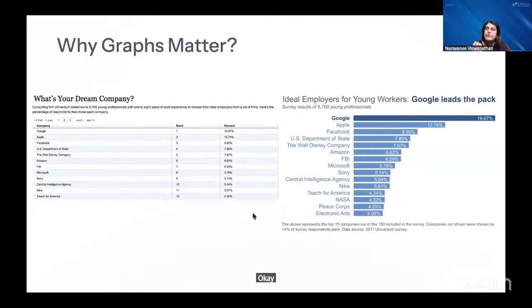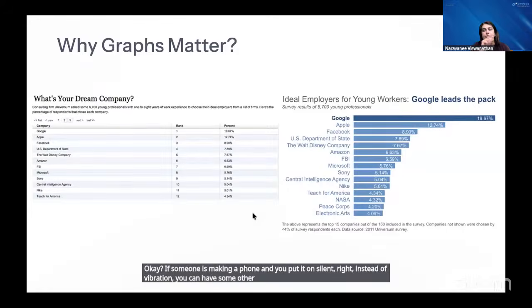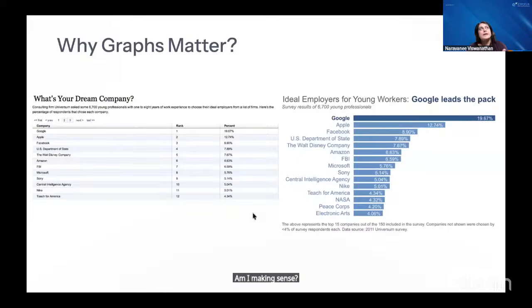If someone is calling and you put the phone on silent, instead of vibration, you can have some other combination of the LED strip glow. These are also visualizations. Am I making sense? Visualizations need not have data as the base of it. It could have some rules also.